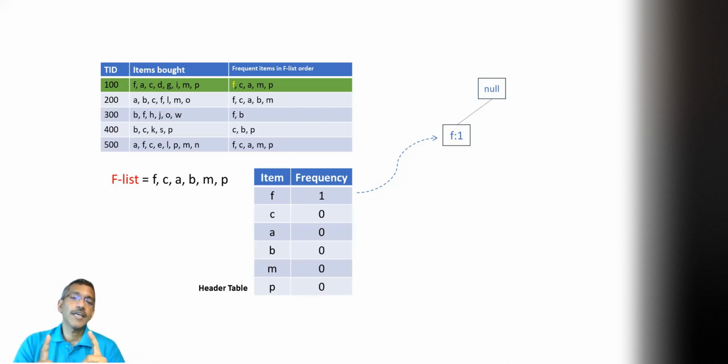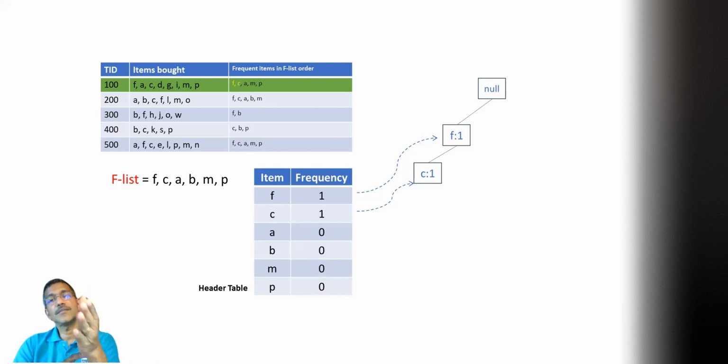Not only that, on the header table we also put a 1 for F, to say that we have found one F. Then we go to the next item in the same transaction, C. Now we need to check whether we have a pattern FC. We don't have an FC, we have an F.